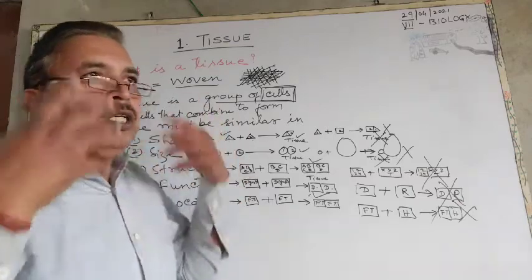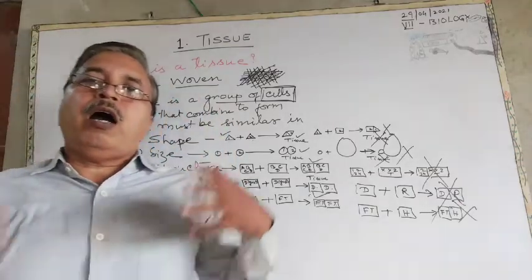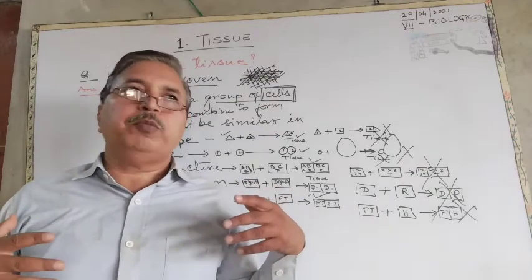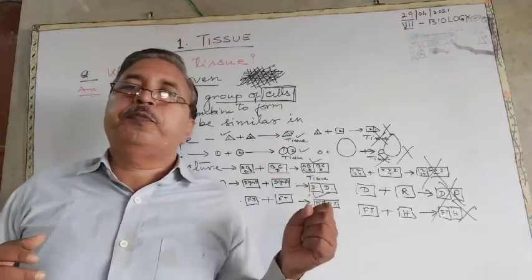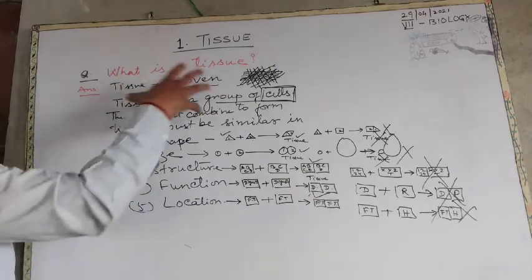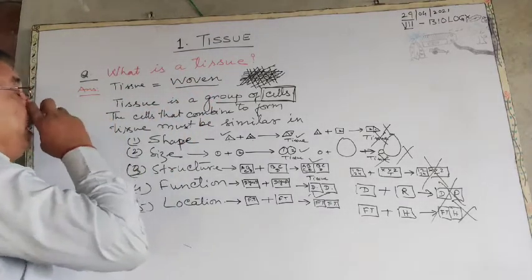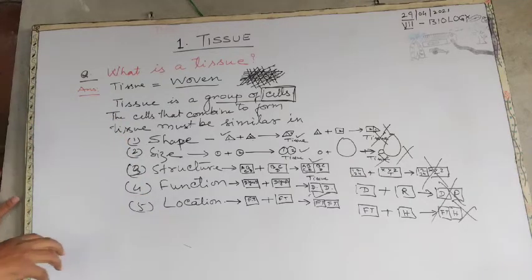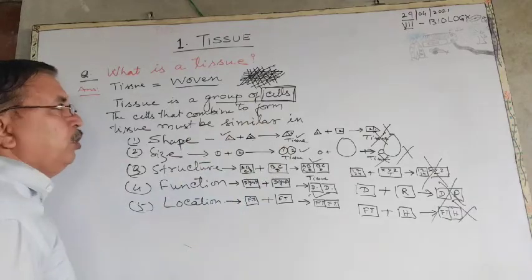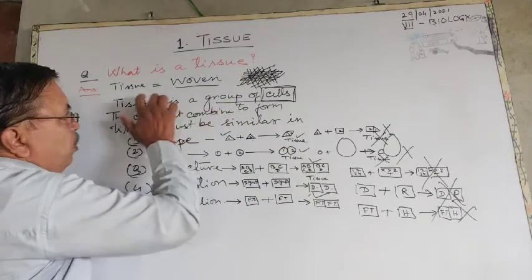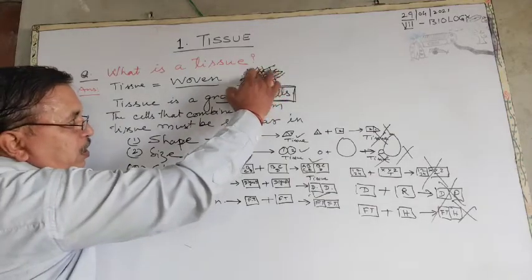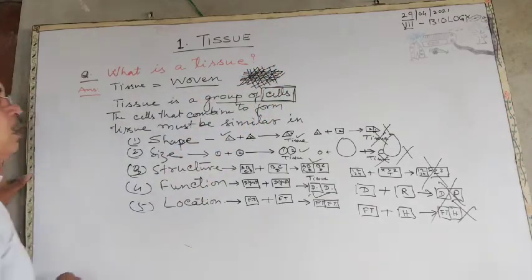Similarly, to make our body, I mean the living body, the human body, the animal body, and the body of plants, what happened? These cells, as the basic structures, are used to give rise to a bigger structure called the tissue. Tissue is just a woven structure. Woven structure means that it is knit together.